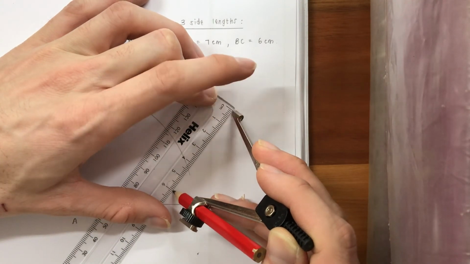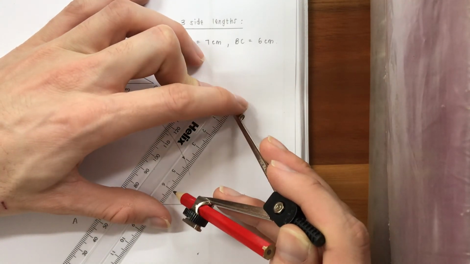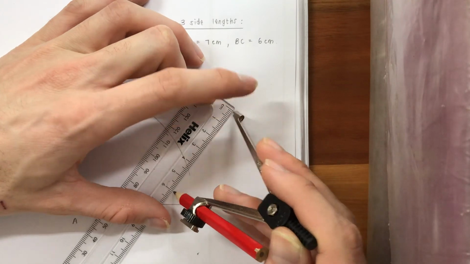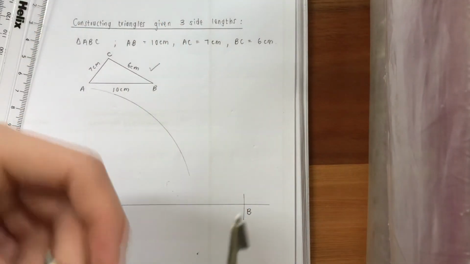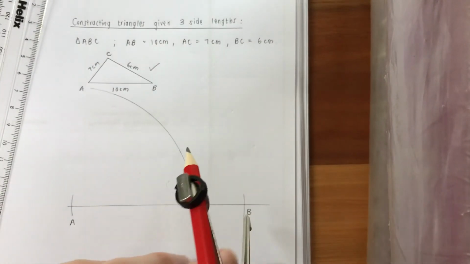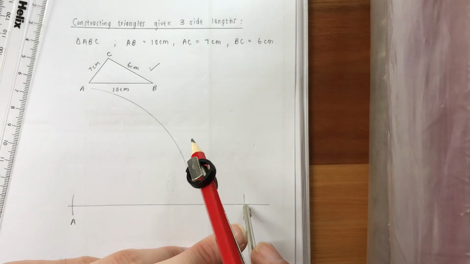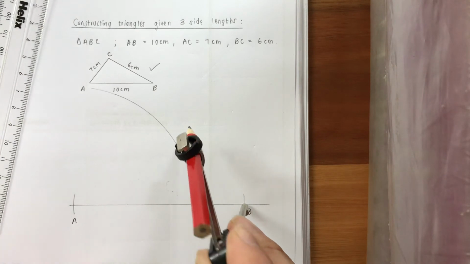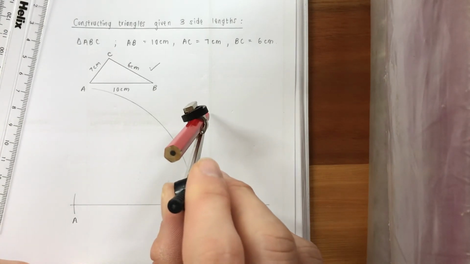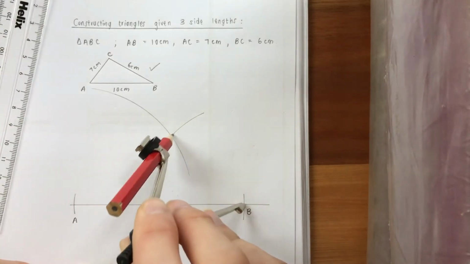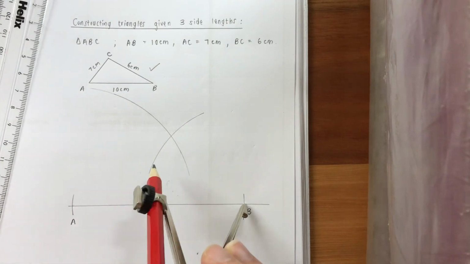Accuracy is extremely important. So there we have 6. Please be careful not to move anything on the compass. Place the tip of the compass on B, and now we're going to create an arc which is 6 centimeters away from B everywhere.